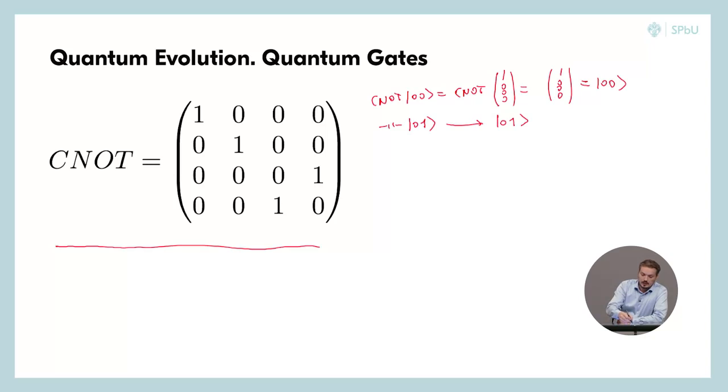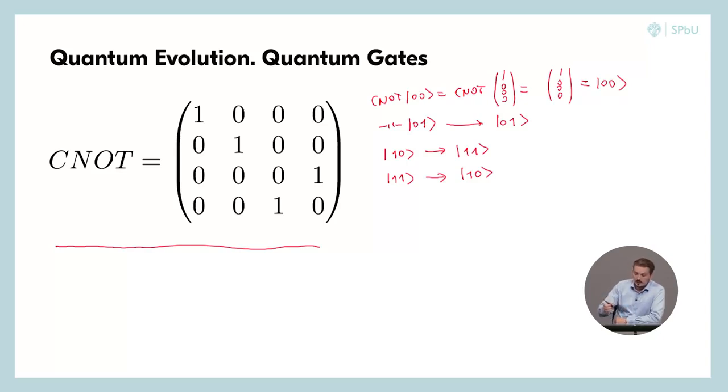And you can easily check that 1, 0 will be mapped to 1, 1 by C0, and 1, 1 will be mapped to 1, 0. So again, this operator maps an orthonormal basis to an orthonormal basis, thus it is unitary.